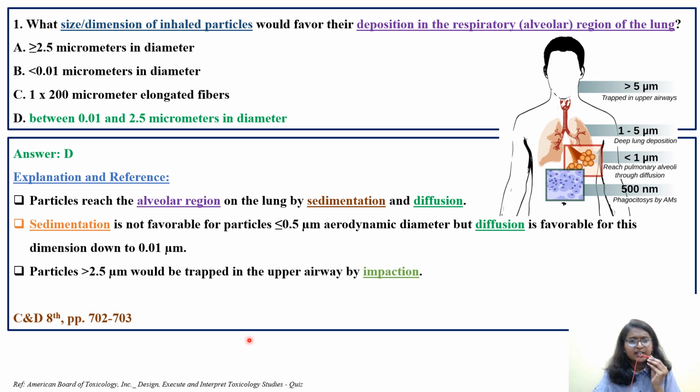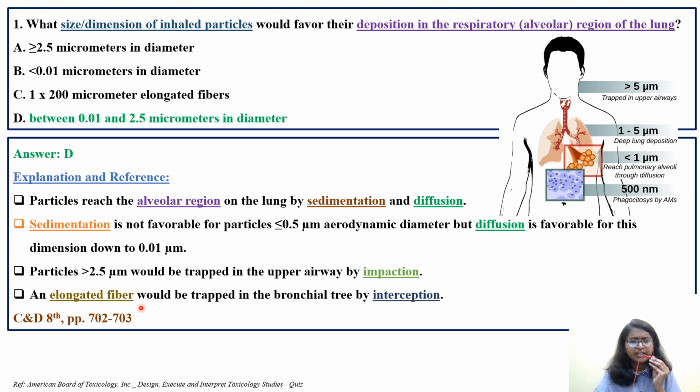Particles greater than 2.5 micrometer would be trapped in the upper airway by impaction. Again, we will learn what impaction, diffusion and sedimentation are in the next slide. And an elongated fiber would be trapped in the bronchial tree by interception.